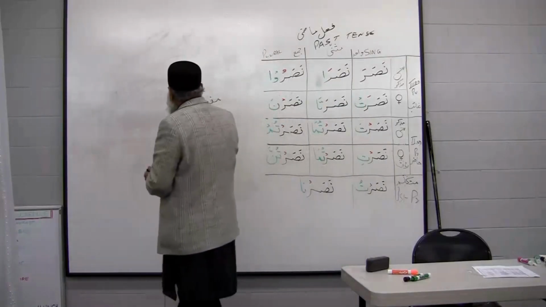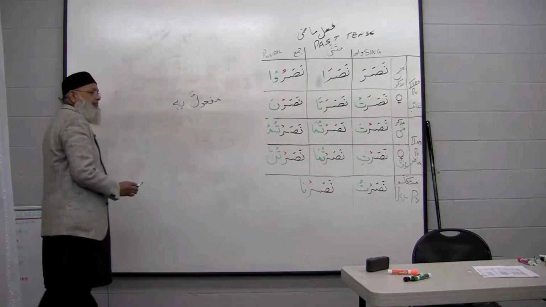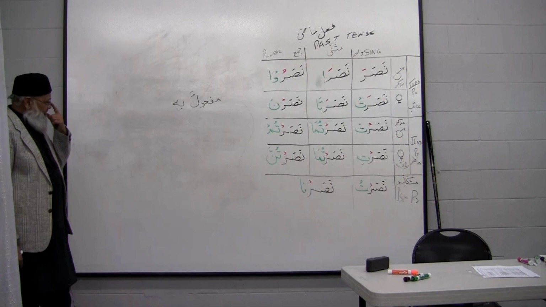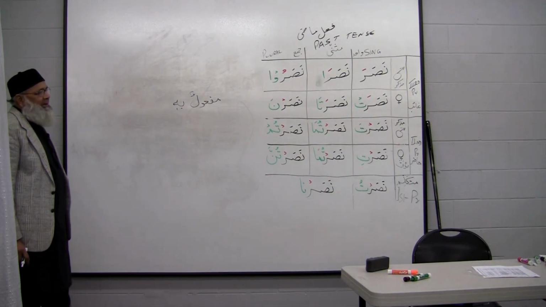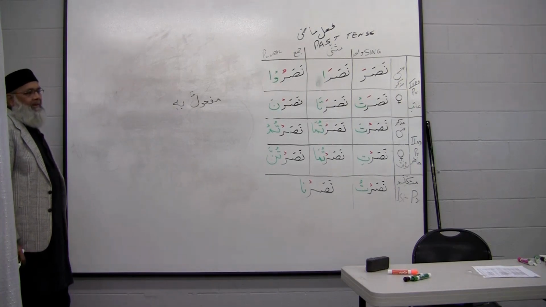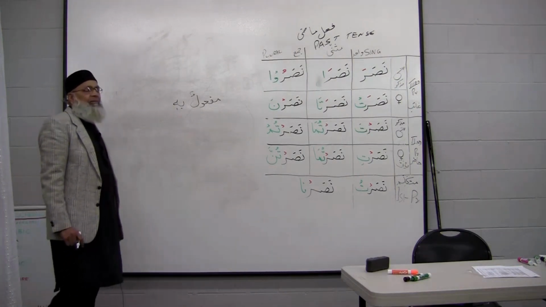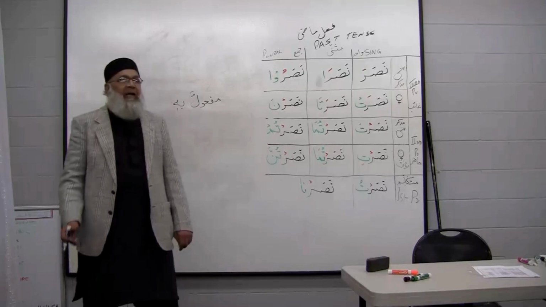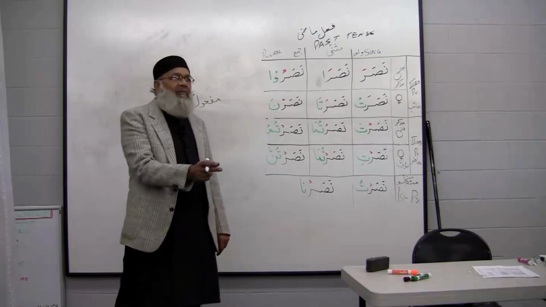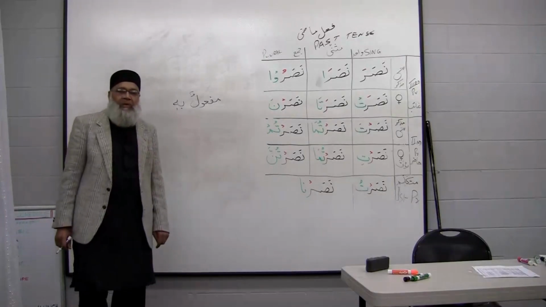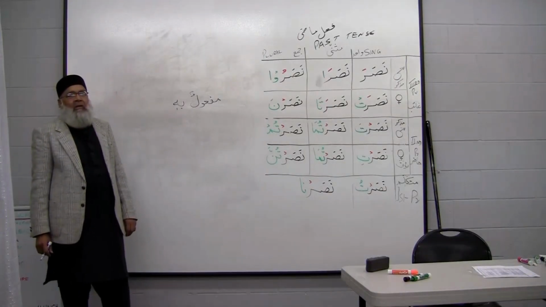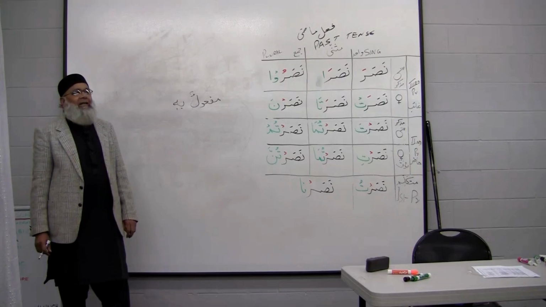Like qatala Dawudu Jaluta. Then in an Arabic sentence, sometimes the condition of the doer or the done upon will also be in the nasab form. For example, darabtuhu qa'idan.